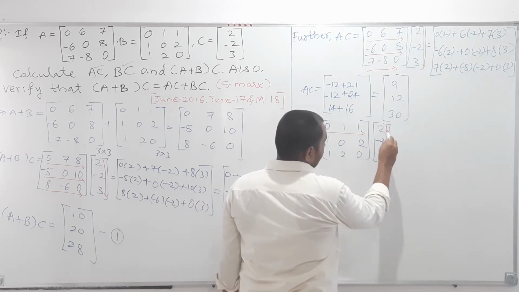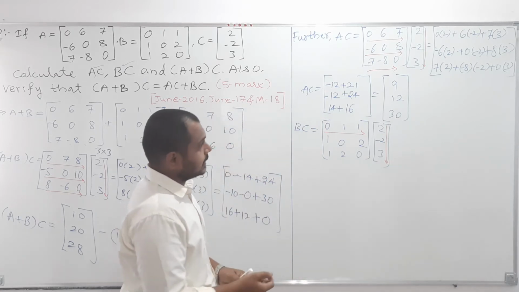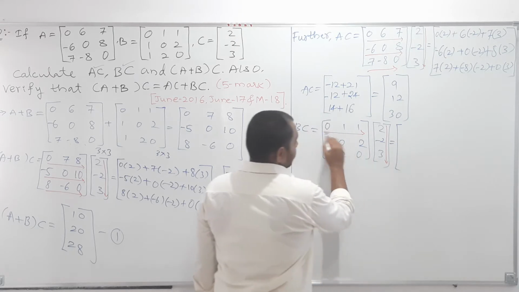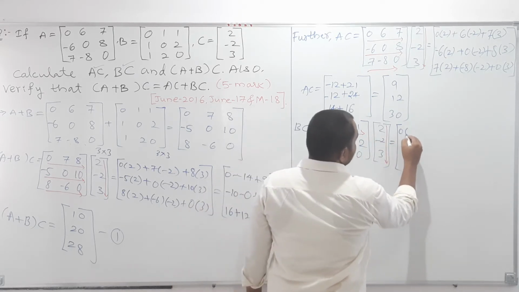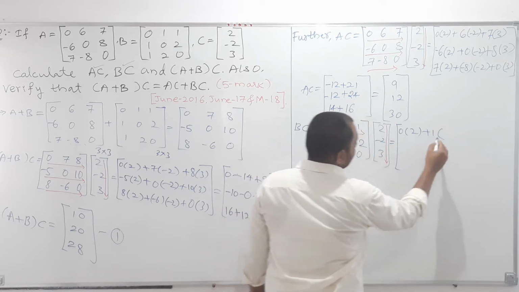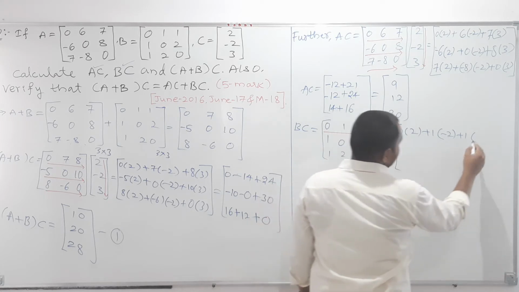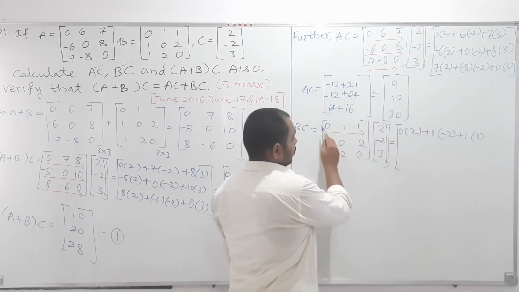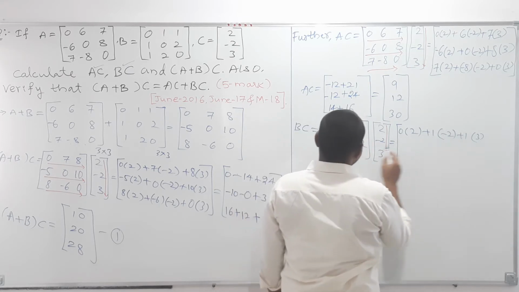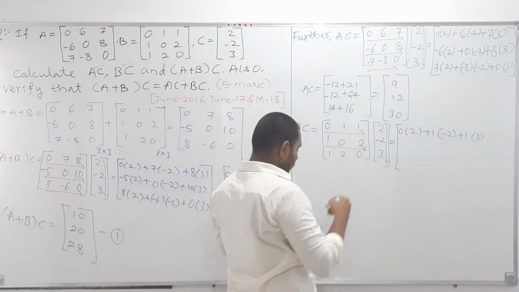First row, first column. Clear? So my dear students, this will give you, here it is row by column. So therefore 0 into 2 plus 1 into minus 2 plus 1 into 3. Next, my dear students, second row, this column.